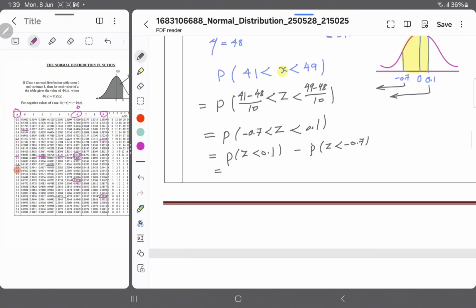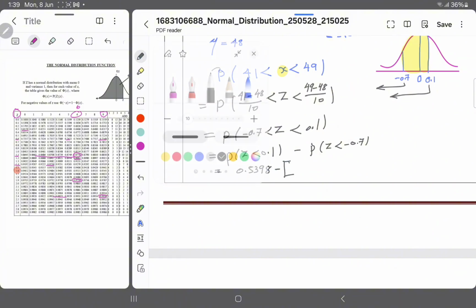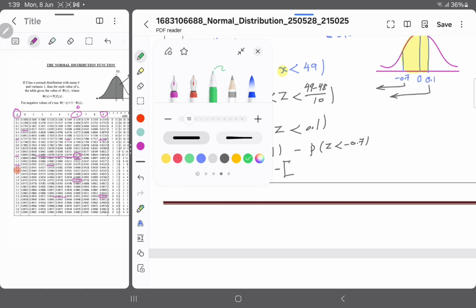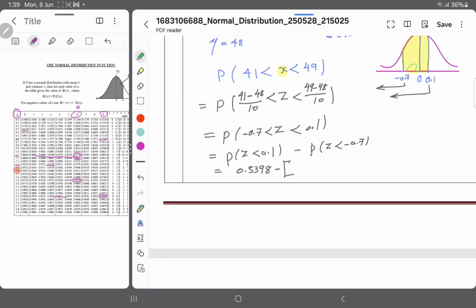From the first one, 0.1 is positive and the area on the left, so we can state from the table, 0.1 will be 0.5398, minus. But for this one, I have a problem. Z below negative 0.7 means I want to find that area. For any negative, we use symmetry. In symmetry, if the area is on the left, it will be on the right, but with the positive sign.